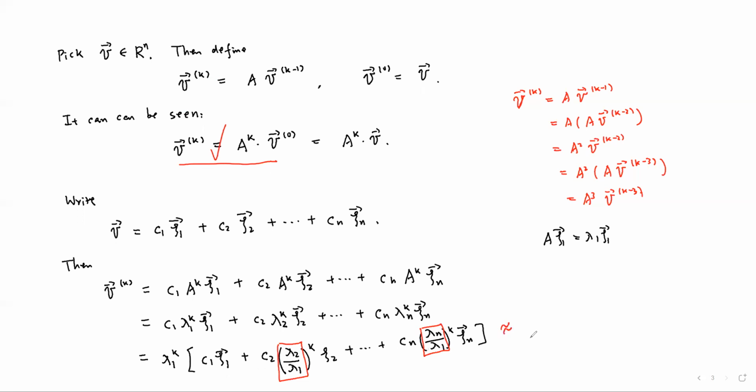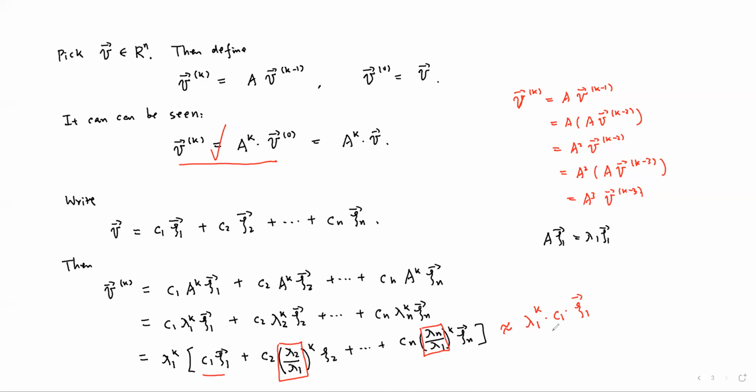This expression is roughly lambda 1^k times C1 times psi 1, because when k is large, the coefficients of psi 2, psi 3 to psi n are very small. So this term dominates the other terms. When k is very large, we have this approximation.